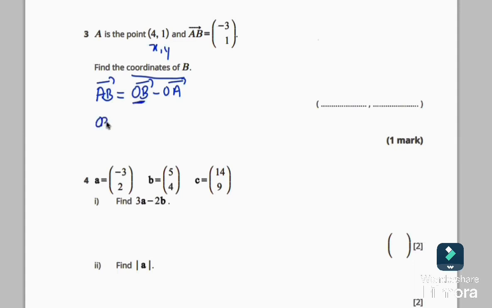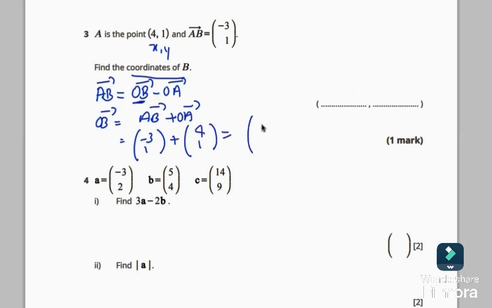Therefore, OB is equal to AB plus OA. AB we already know, (-3, 1), and OA is the point A, which is (4, 1). Therefore, you can take it as minus 3 plus 4, and 1 plus 1, which is nothing but (1, 2).